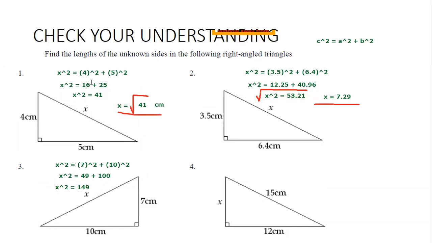For the value of x, just get the square root of both sides of your equation. The value of x will be the square root of 149, because 149 is a prime number. So this is the square root of 149 in terms of centimeters.